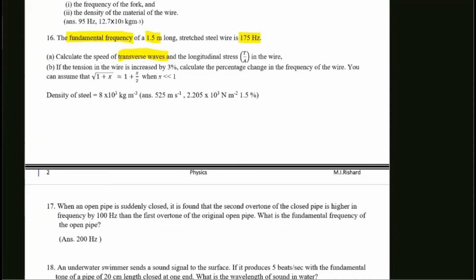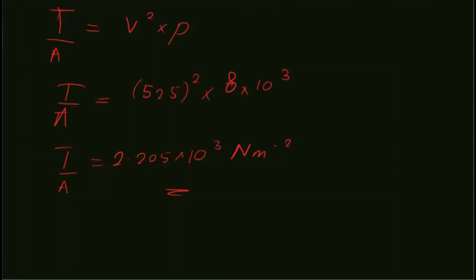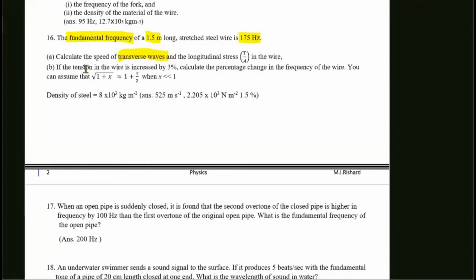And then in the B part, they are saying, if the tension in the wire is increased by 3%, calculate the percentage change in the frequency of the wire.